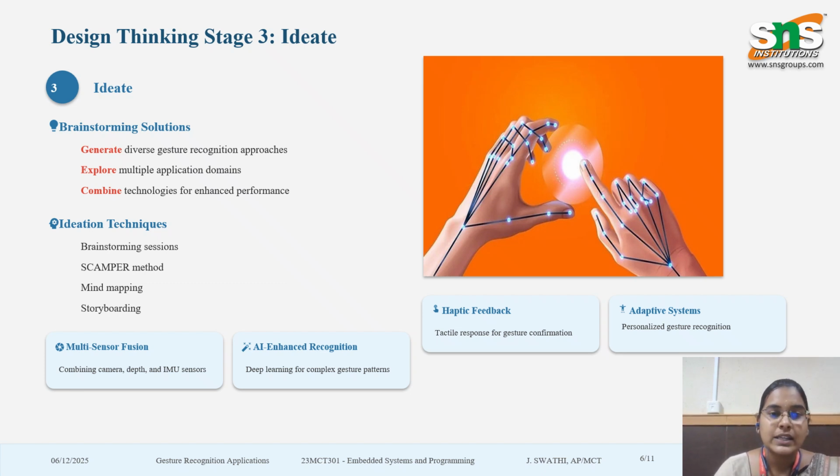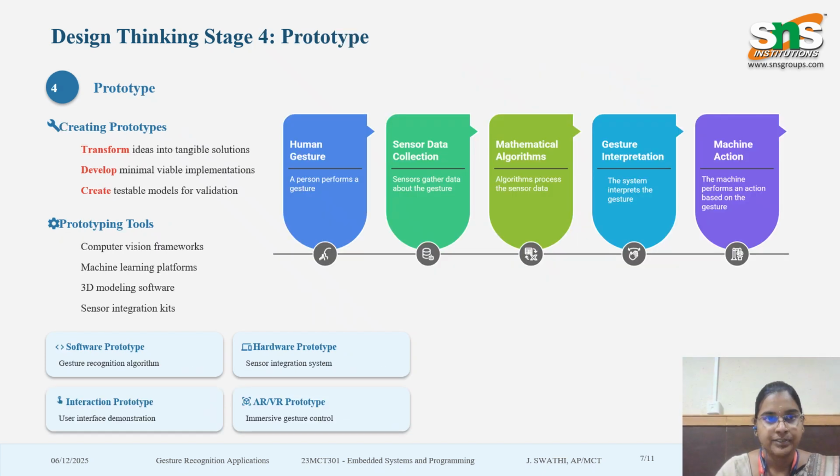We need sensor fusion, combining camera, depth and IMU sensors, and AI-enhanced recognition with deep learning. We also need feedback, such as tactile response for gesture confirmation, and an adaptive system is also required.